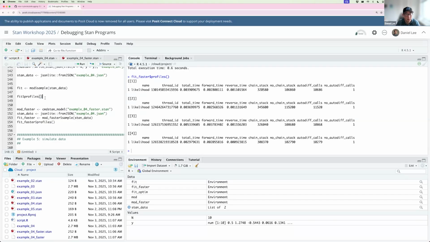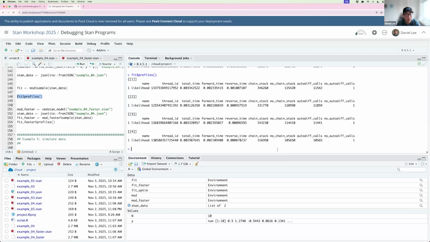Hopefully this and this look very similar.